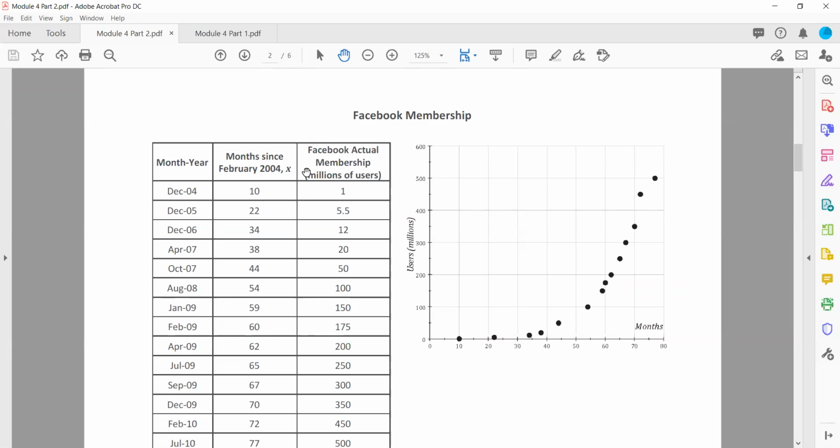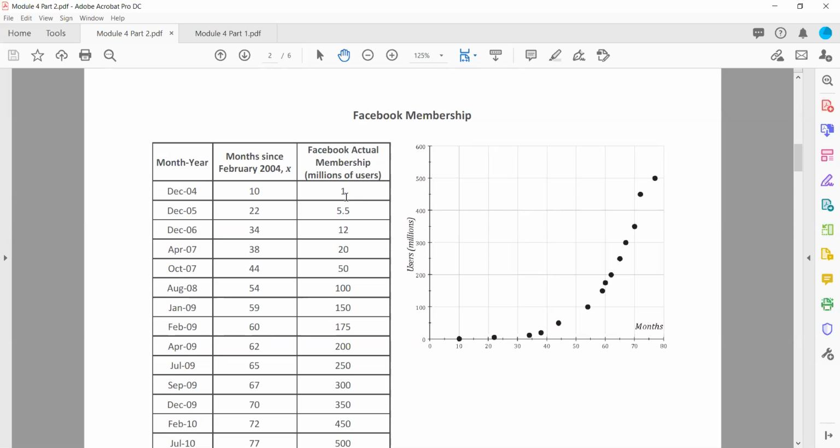So Facebook actual membership, in millions of users, is 1 million users. Let us move on to the next year, December 2005. How many months? 22 months. So these are your x values. How many members? 5.5 million users.